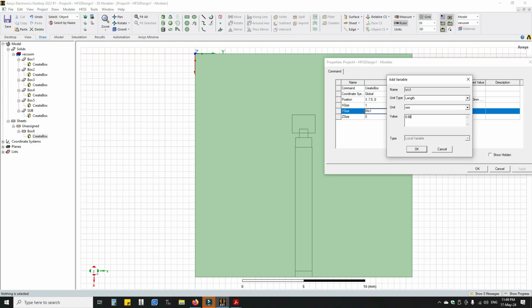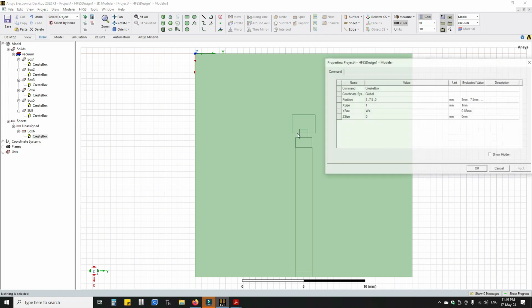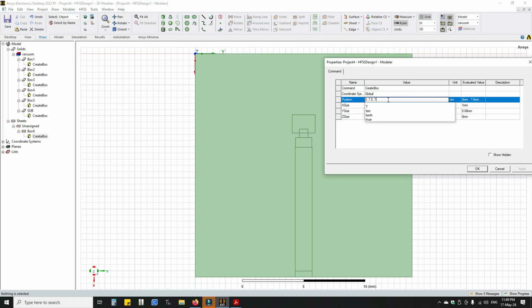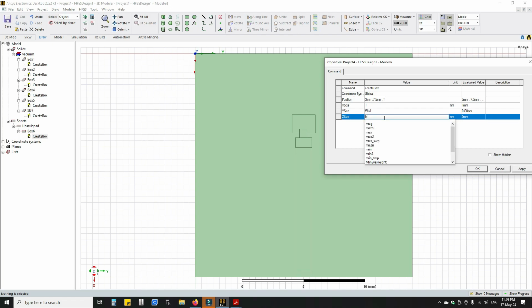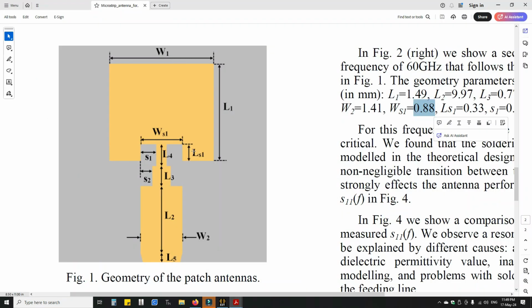0.88 millimeters already there, but that should start and end with the metal thickness MD. Now the height of this subtract is mentioned as LS1.